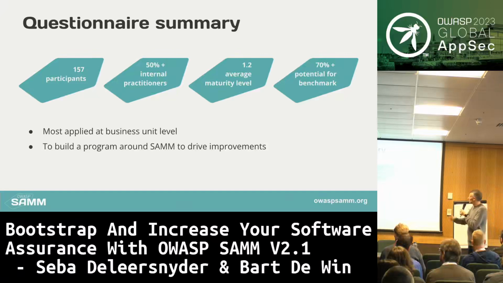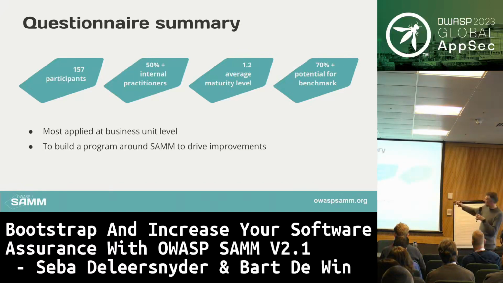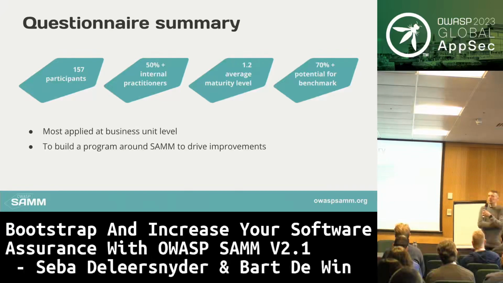We also got scores from the organizations, from different people. So I'm scoring 1 on governance, 2.1 on design, and so on. We computed the average maturity level over all the scores that we got, and on average, the maturity level was 1.2. It is the average. It is what it is.